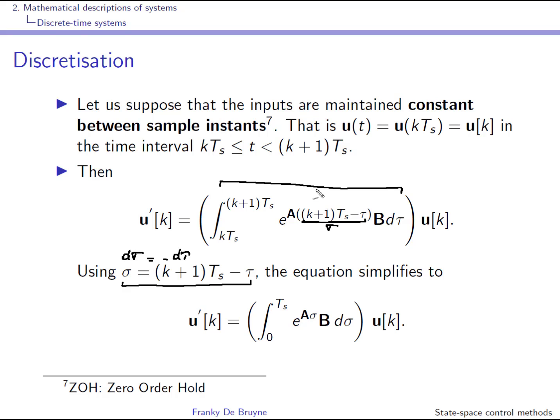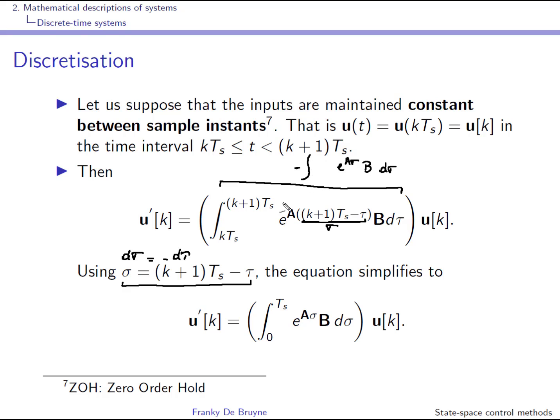Okay, so this integral, you can rewrite it as an integral. Because of this one, we have a minus here, and we'll have a d sigma. This is simply rewriting d tau as minus d sigma. Okay, so here we'll have the B, and we'll have the e to the A sigma, right?